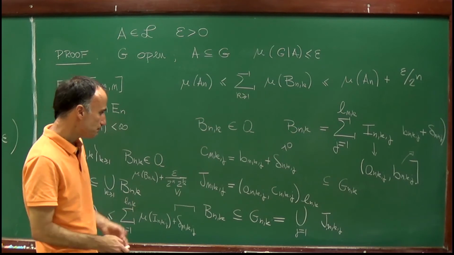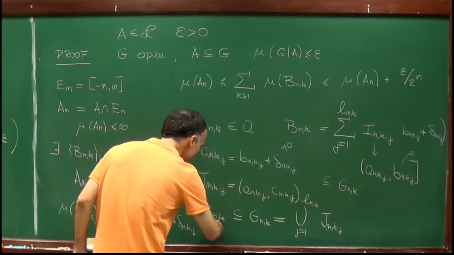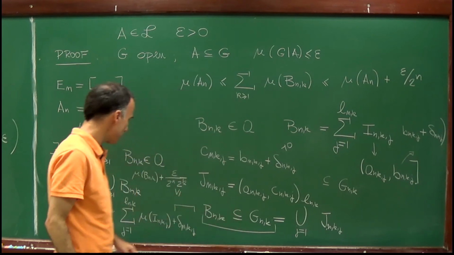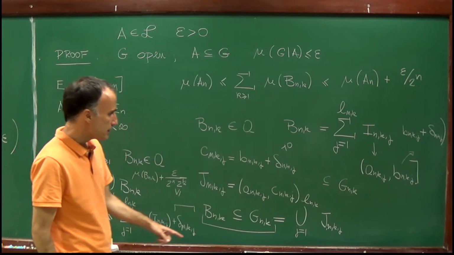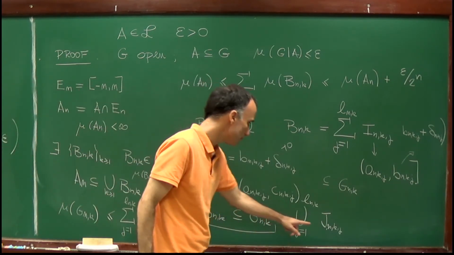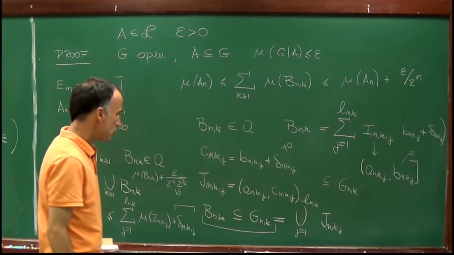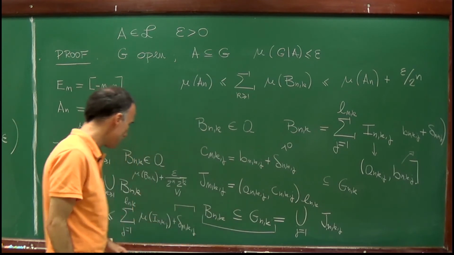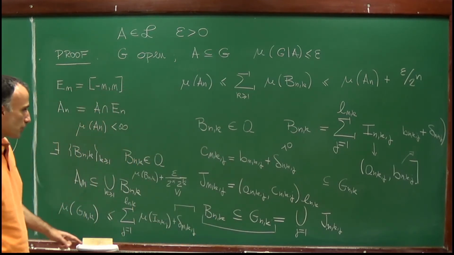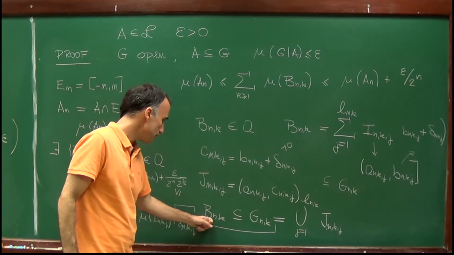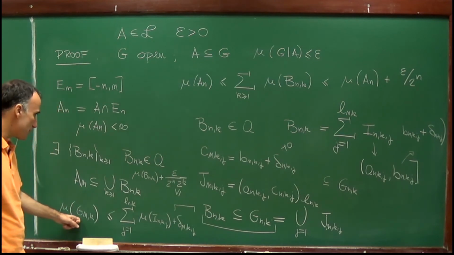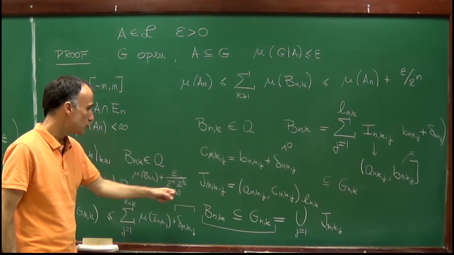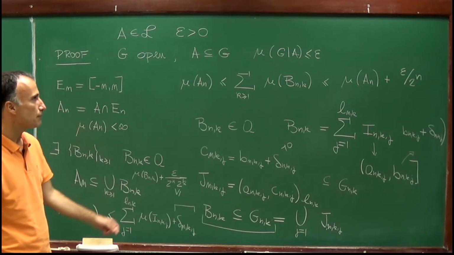So what did we do? We constructed open sets, right? Because G_{n,k} is the union of open intervals, so it's an open set. We constructed open sets represented by G_{n,k} such that they contain B_{n,k}, but the measure of these sets is bounded by the measure of B_{n,k} plus epsilon divided by 2^n times 2^k.